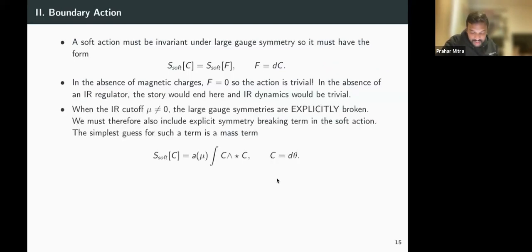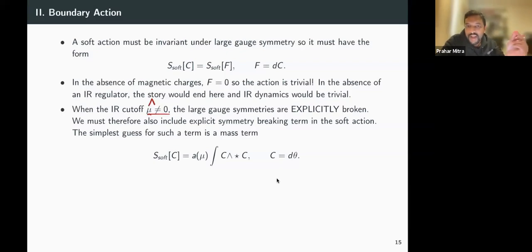But here's what saves us, and this is one of the reasons. When you have a cutoff, either mu or lambda, it doesn't have to be the IR cutoff. If you introduce an explicit factor of the scale, then these large gauge symmetries are also explicitly broken, in addition to being spontaneously broken. And we also know how to deal with explicit breaking. We do this with the SU2 isospin, which is explicitly broken.